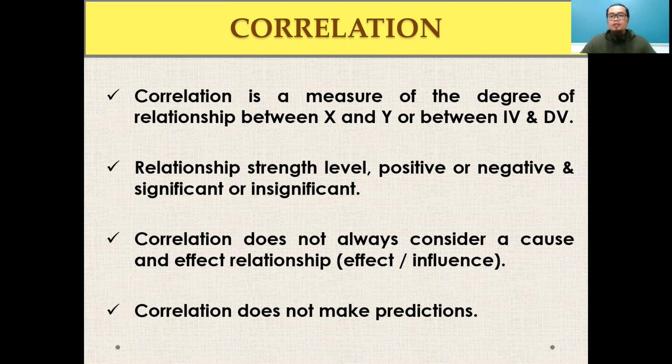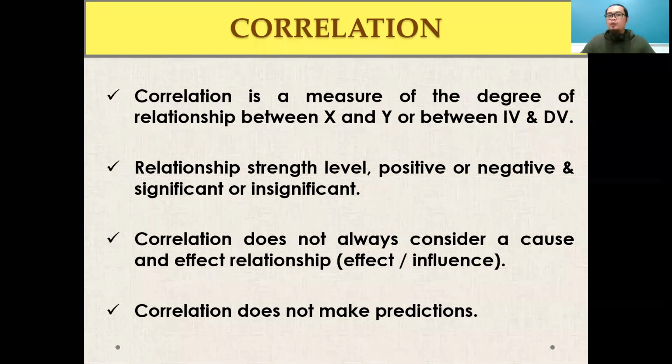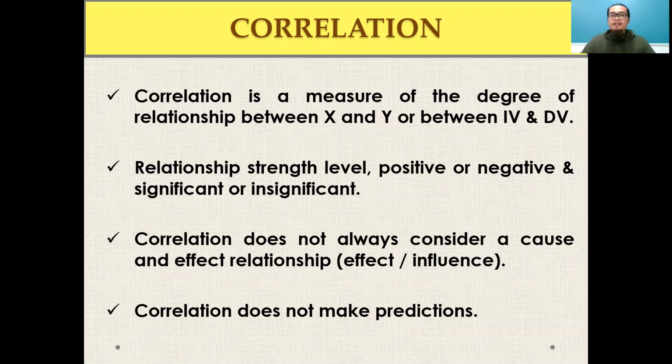Correlation does not always consider the cause and effect relationship. If you want to get the effect and influence, this is not correlation, but regression. If you study regression, you can get the effect and influence, but correlation does not.